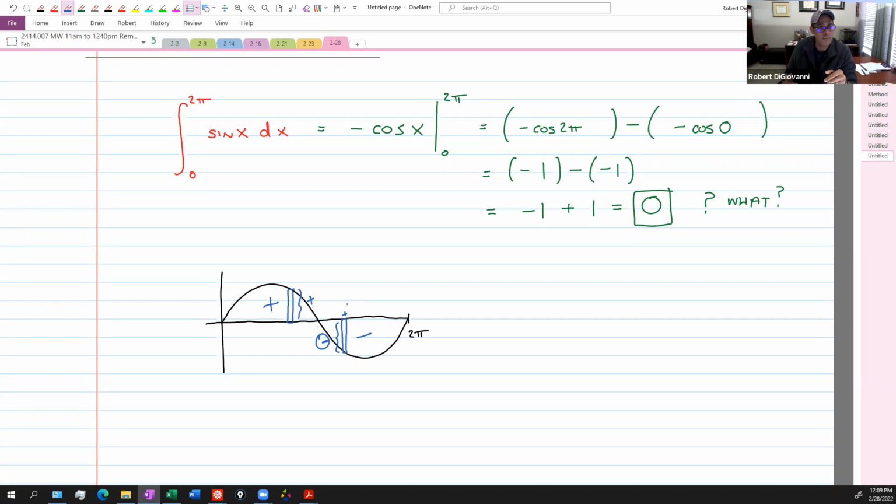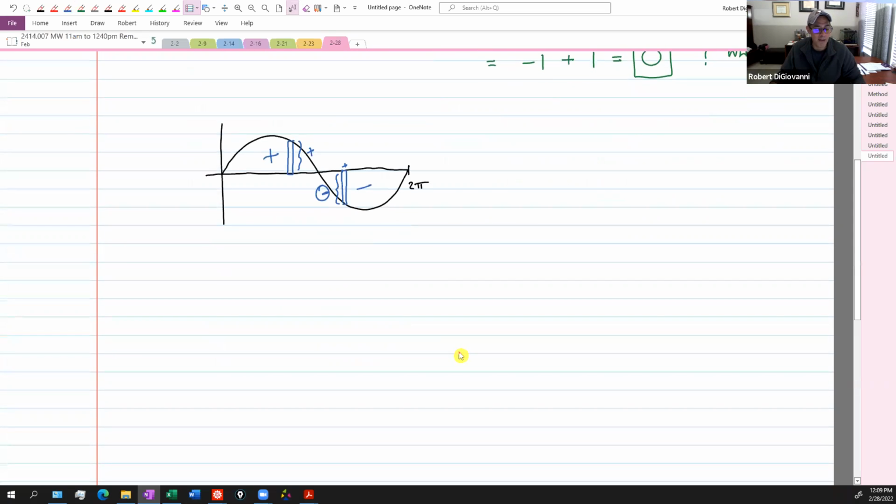Do you all agree? If we really wanted the true positive area of everything here, we would have to recognize from the graph that we have x-intercepts. There are a couple of ways to do it, but here's one way. We could say, let's do the area from 0 to pi first of sine x dx.